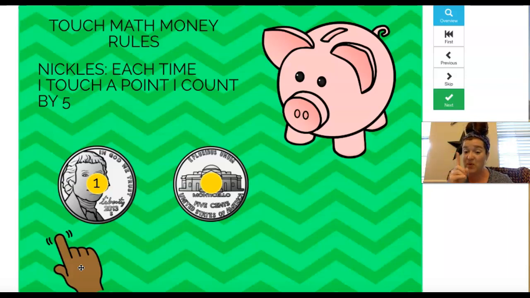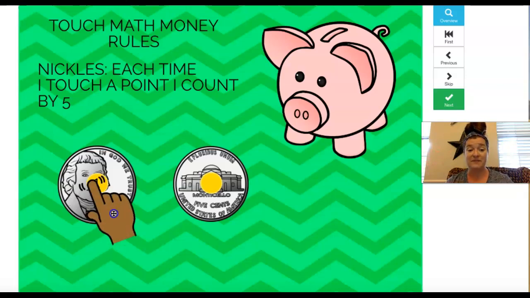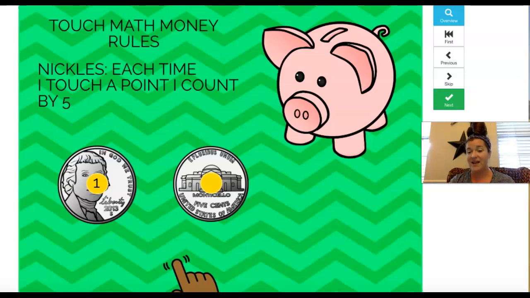It has 1 point. So I count by 5s when I touch the point, and I know from skip counting, when I skip count by 5s, my first number is 5. 5. And that's it. 1 nickel is worth 5 cents because it has 1 touch point, and when I touch that, I skip count by 5s.